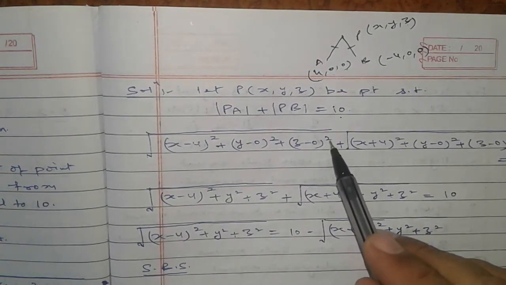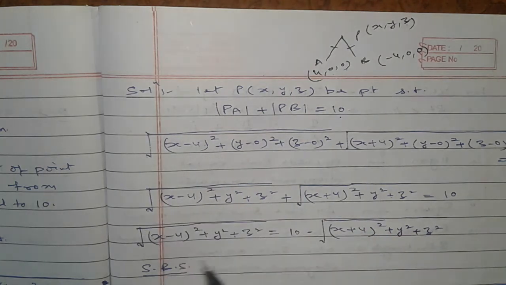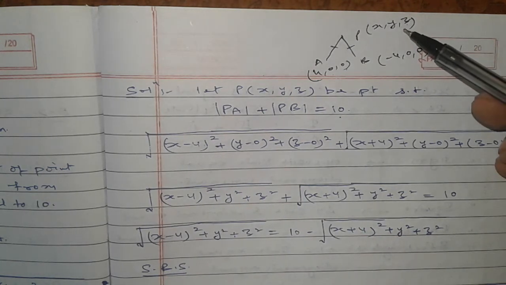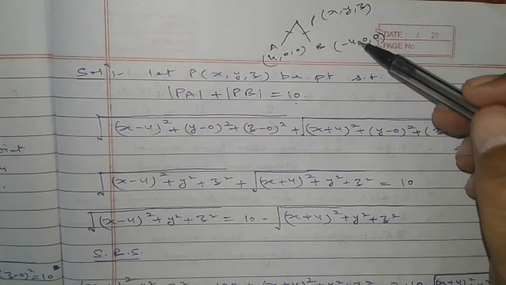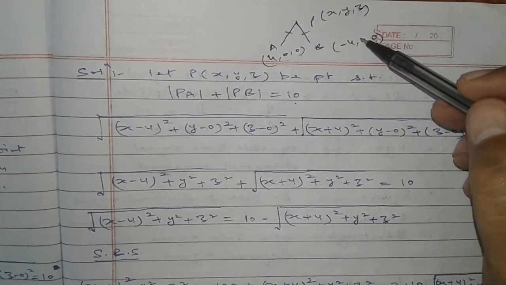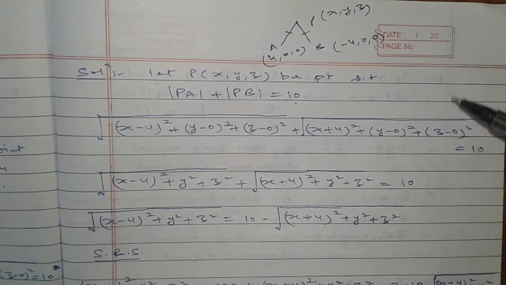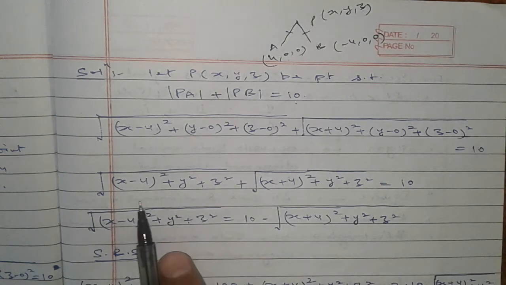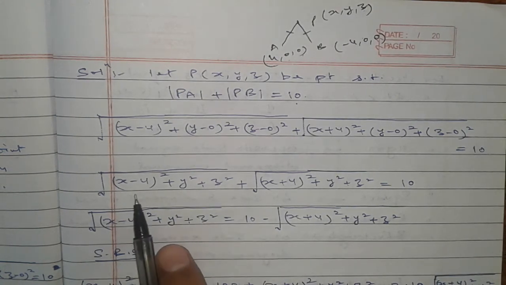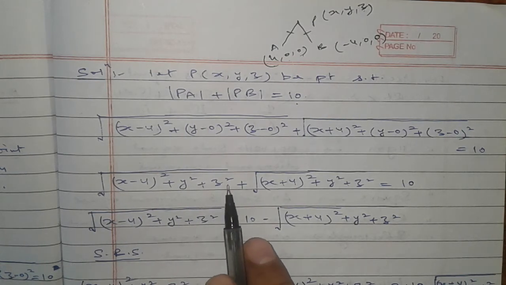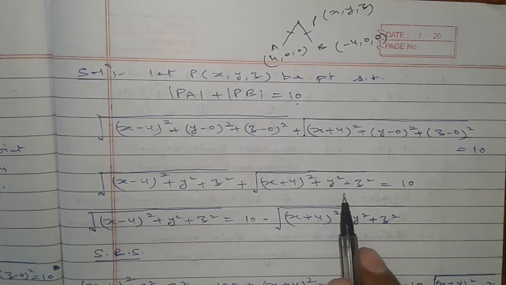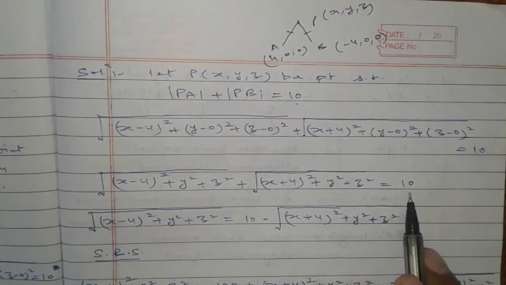This is the distance PA. Similarly PB is the square root of x plus 4 whole square plus y minus 0 whole square plus z minus 0 whole square. So on calculation, this is the square root of x minus 4 whole square plus y square plus z square, plus the square root of x plus 4 whole square plus y square plus z square, equal to 10.